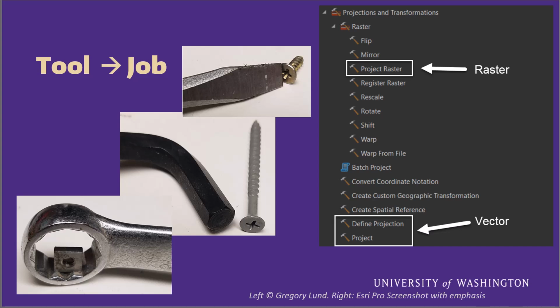One of the most important points of getting the projection to your ideal projection is using the right tool for the job. If you use the incorrect tool for the job, you're going to mess up the data, and you probably will have to restart with fresh data. You're using a raster, you would always project raster. That's the easy one.